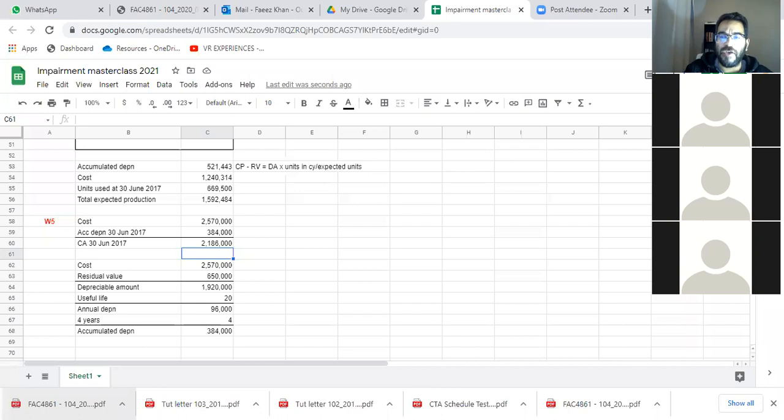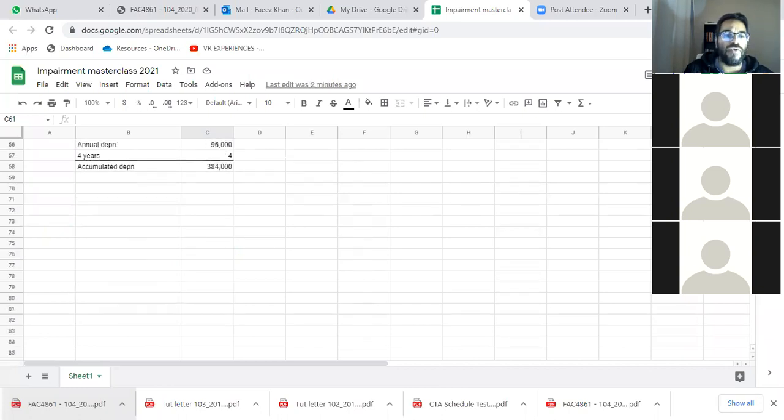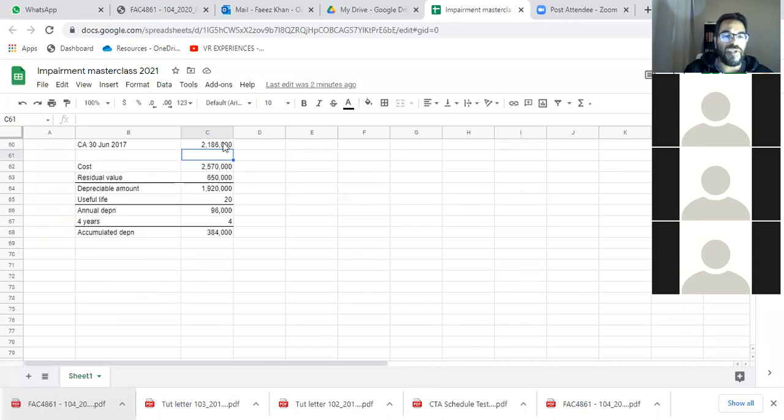So we can't allocate the full 2186 because 100% of the asset is not utilized by the wholesale division. So we only allocate the portion that the wholesale division uses. So therefore, if we just have this over here, carrying amount 30th June 2017.